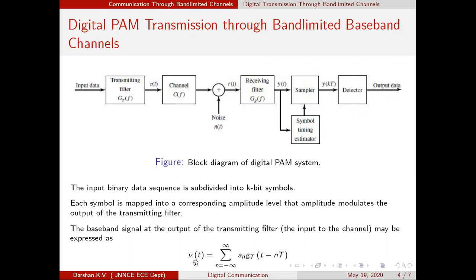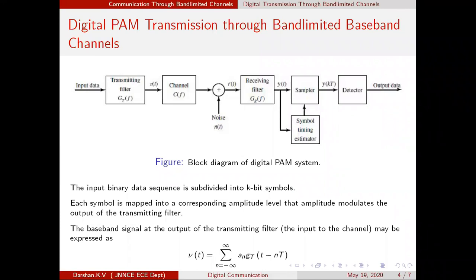Over here, what is this v of t? It is the output of the transmitting filter. So what exactly does it contain? It contains the pulses, and the amplitude of the pulse depends upon the input symbol. Therefore, if you observe the equation here, you have sigma. What does this sigma indicate? It indicates so many pulses, because the source won't generate one symbol and keep quiet.